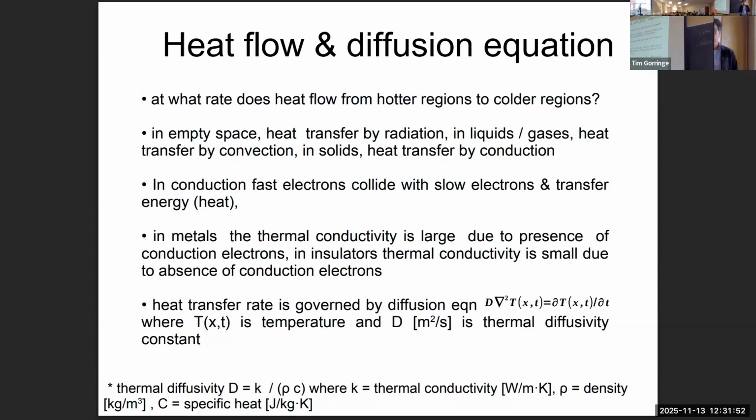Okay, so just a few words of introduction about the diffusion equation. It's also the heat equation, and our examples of the diffusion equation are going to be drawn from the world of heat and heat flow. So as I hope we all know, heat flows from hot to cold.